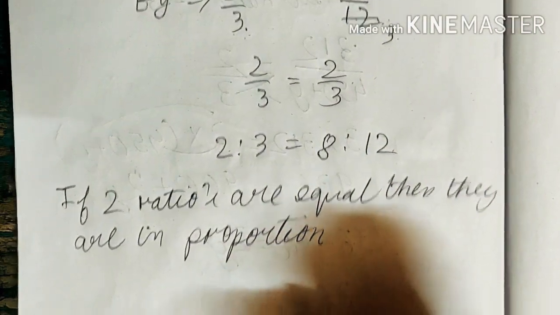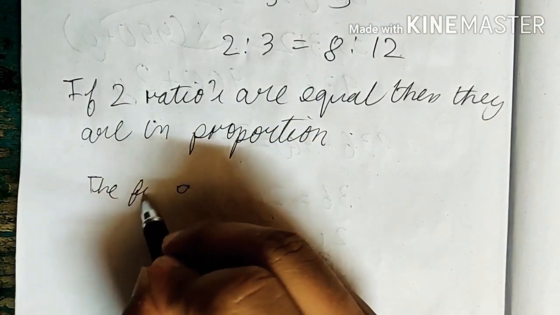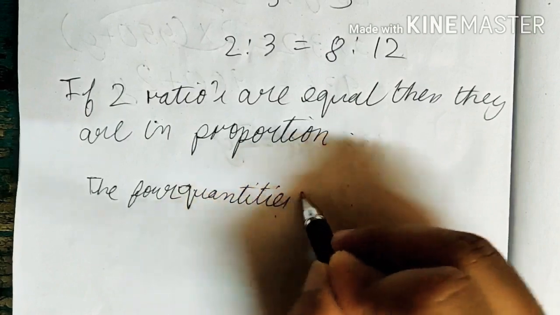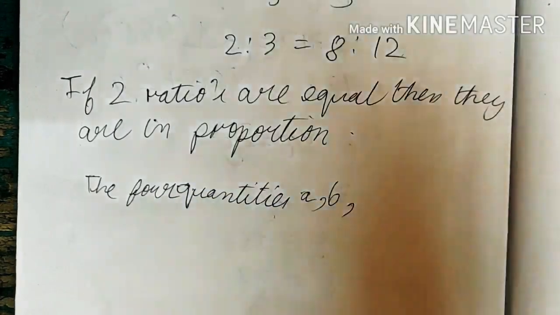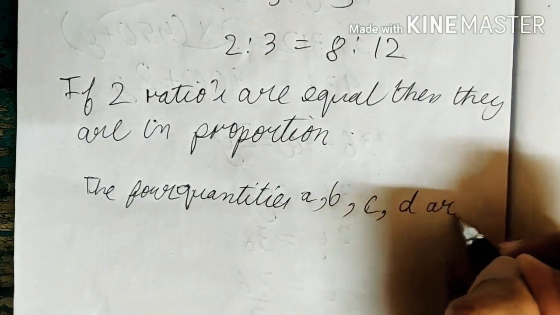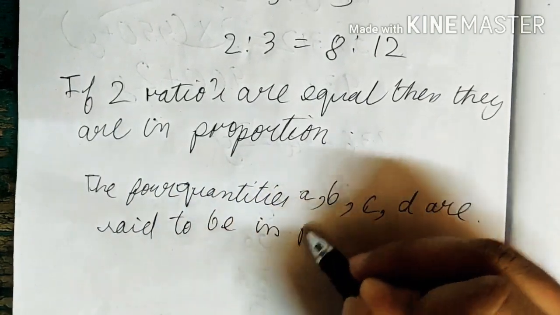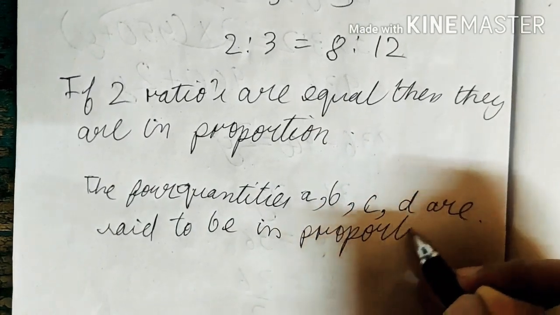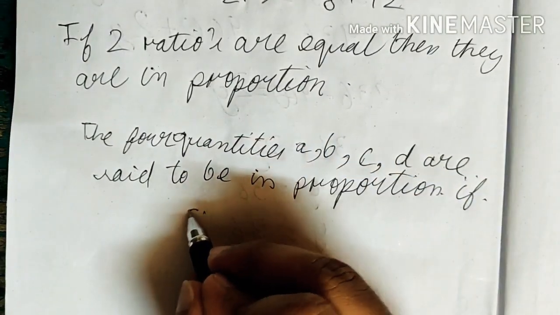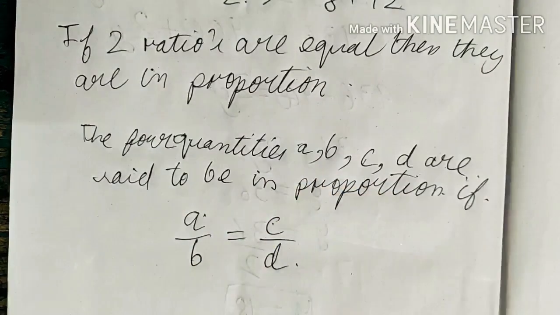That is, if we are not given the values, we will say that the four quantities A, B, C and D are said to be in proportion if first upon second equals third upon fourth.